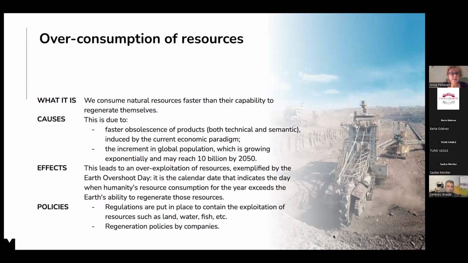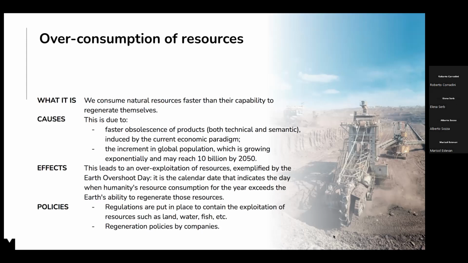So the policies to face overconsumption of resources typically are directed to regulations to contain the exploitation of resources such as land, water, fish, etc., and regeneration policies by companies.